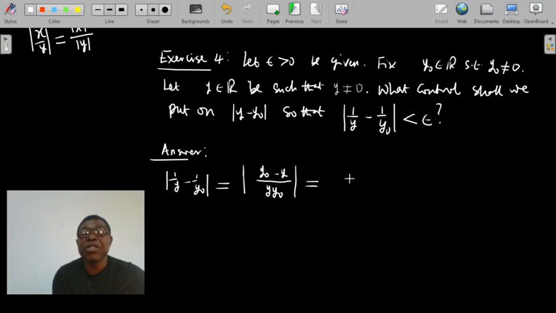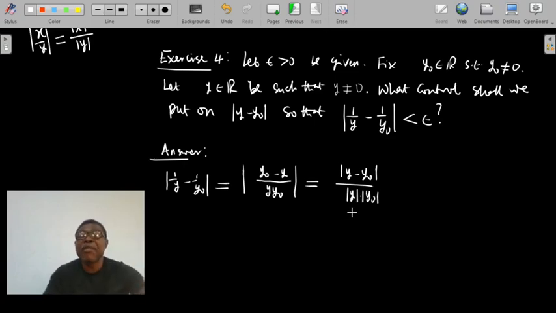And this we know is the same thing as absolute value of y minus y naught all over absolute value of y, absolute value of y naught, using the fact that absolute value of the product is equal to the product of the absolute values. So we get this.